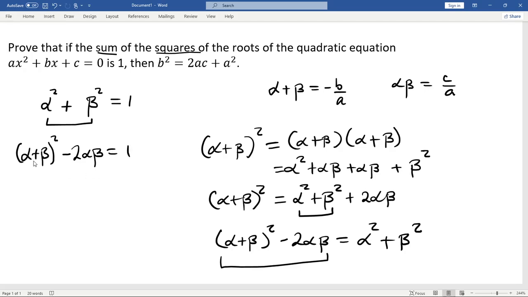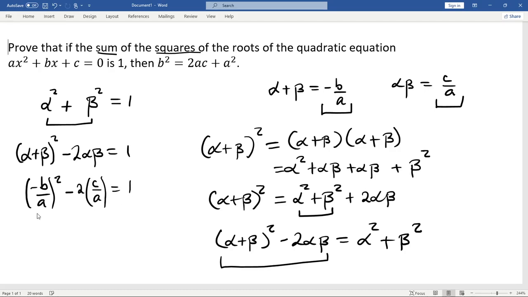Then we know what the value of alpha plus beta is, which is given by this, and we also know what alpha beta is, it's given by that. So meaning that here we're going to have negative b over a squared minus 2 open brackets c over a, equal to 1.